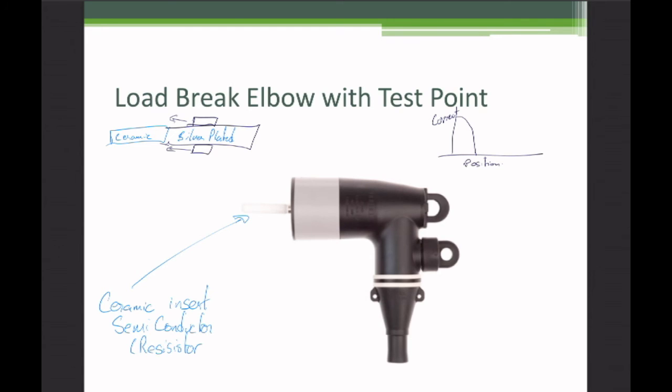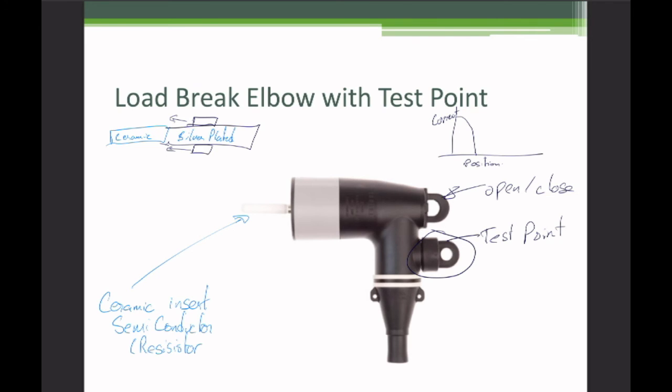The other feature that we have here is under this cap. So there's two handles, right? This is the open and close handle, or position and remove handle. This is a test cap.